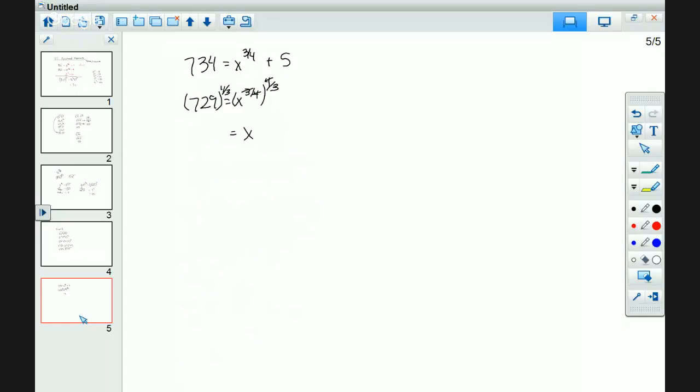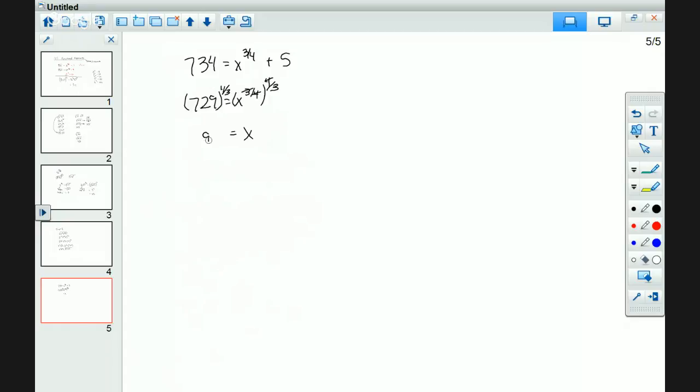Oh, it is the cube root. The cube root of 729, 9, isn't it? The cube root of 729 is 9.